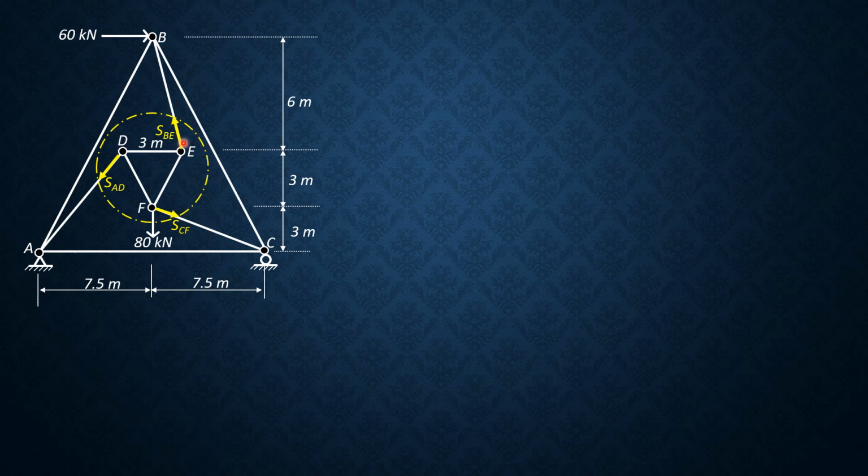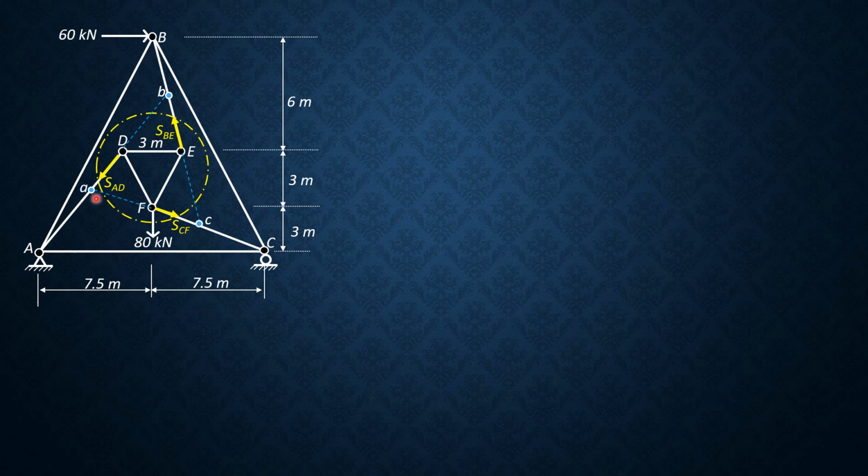So let's find the intersection of any two unknown forces here. Let's extend the line of action of BE. It intersects with CF. I'll call this point C. Then let's extend the line of action of AD. It intersects with BE. Let's call that point B. And finally, extend CF and AD, their intersection. Let's call that point A.